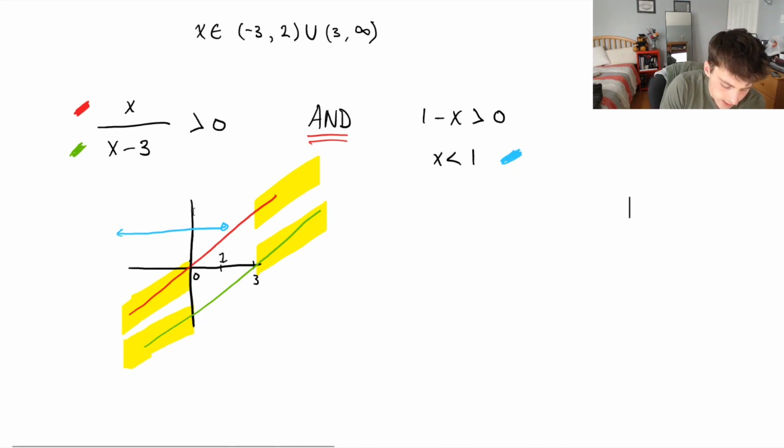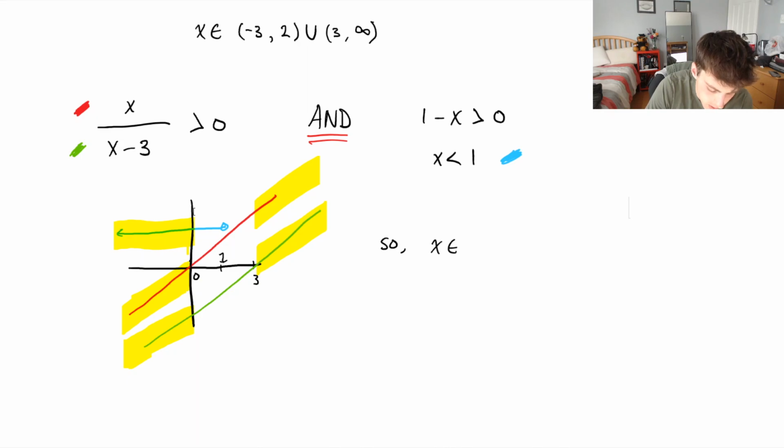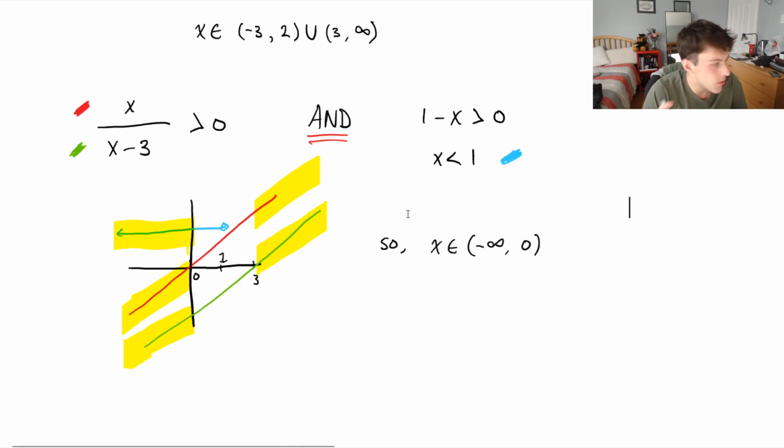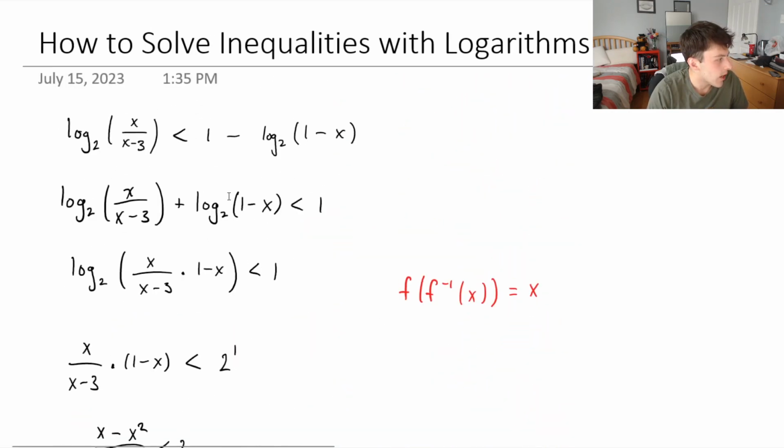So you can see that what satisfies all of these conditions are just these ones, right? When x is between negative infinity and 0, right? So we get x must be between negative infinity and 0. So this is just the solutions to the restriction on the logarithm's domain.